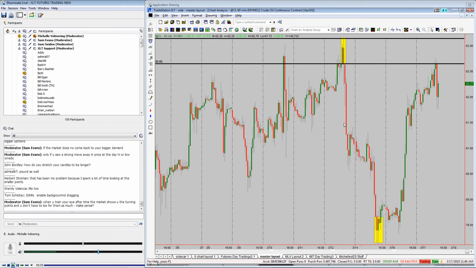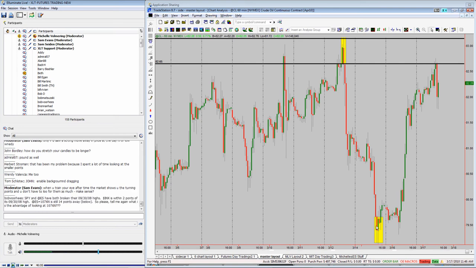I have 55, 60-ish cents at risk in this trade for a profit objective all the way back down into the 79.50 area.